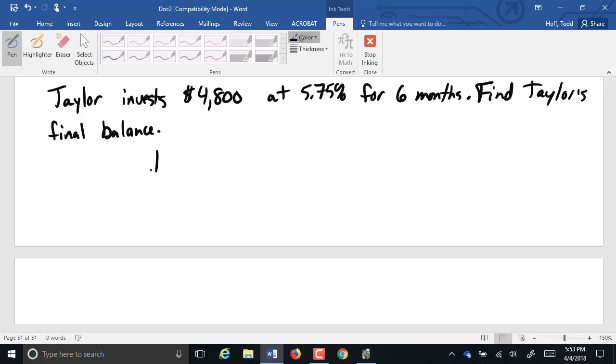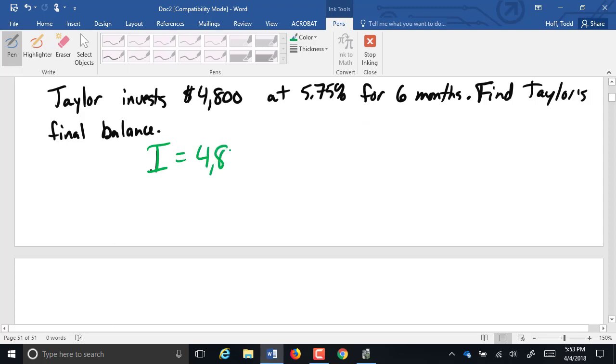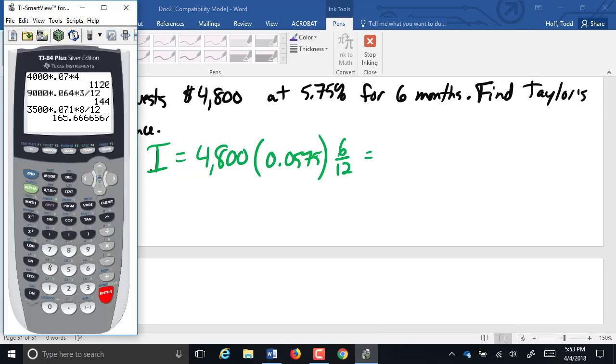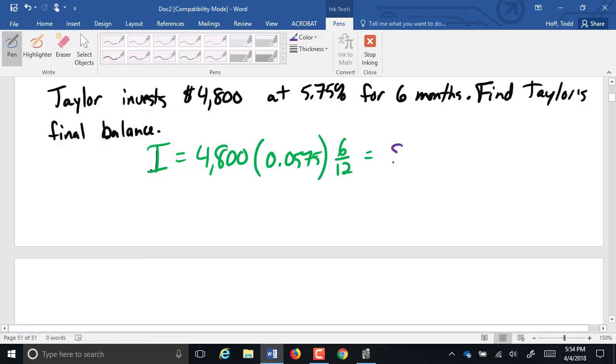So the amount of interest is found by doing what? 4,800 times 0.0575 times 6/12. $138 is correct. $138.